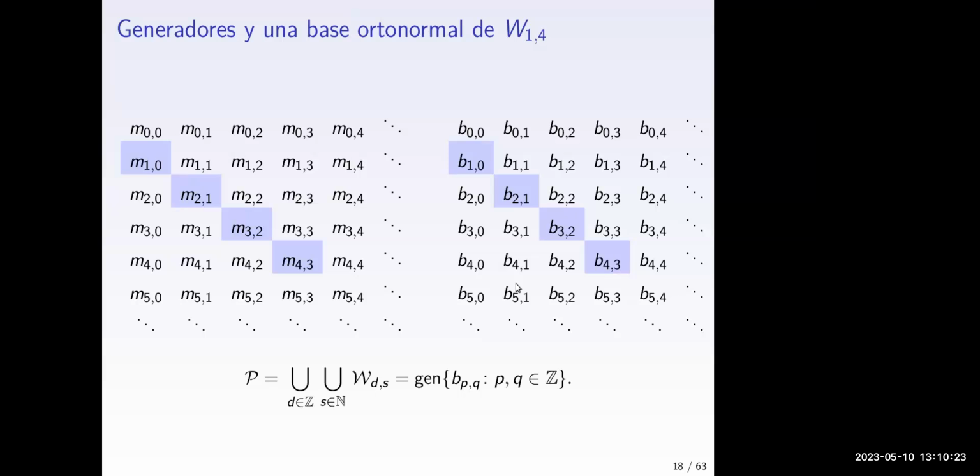We talked about how these are dense, because these are polynomials in z bar.